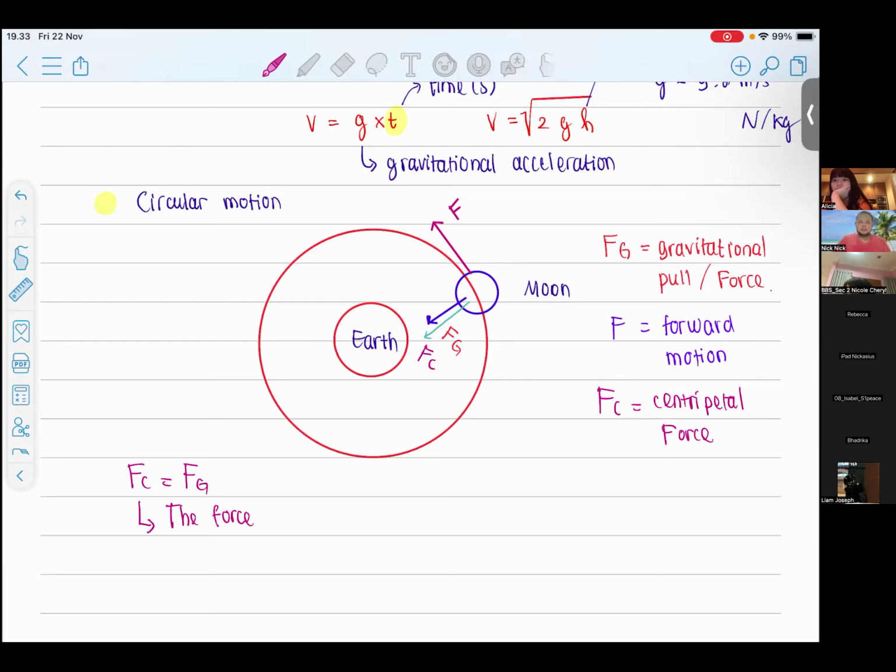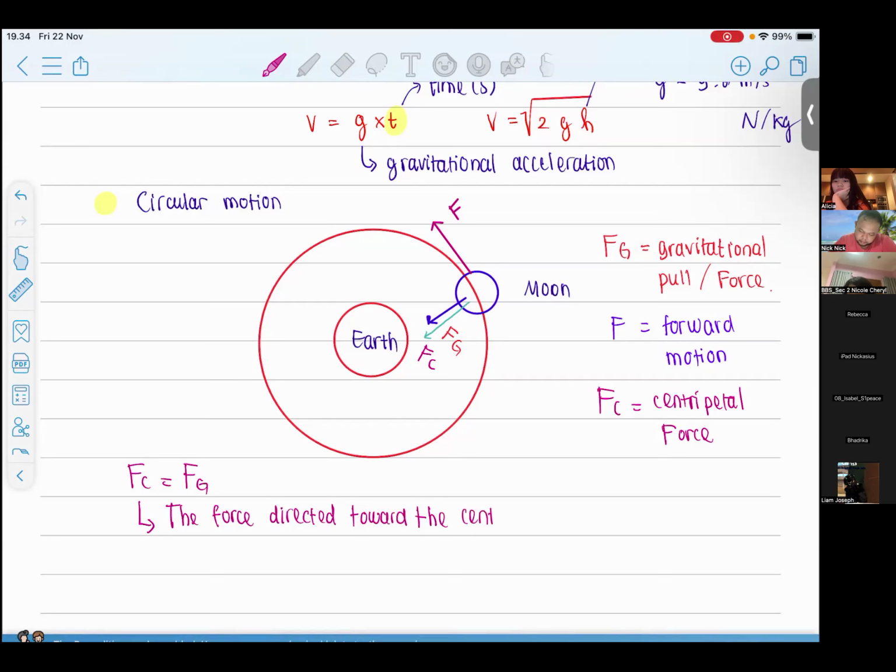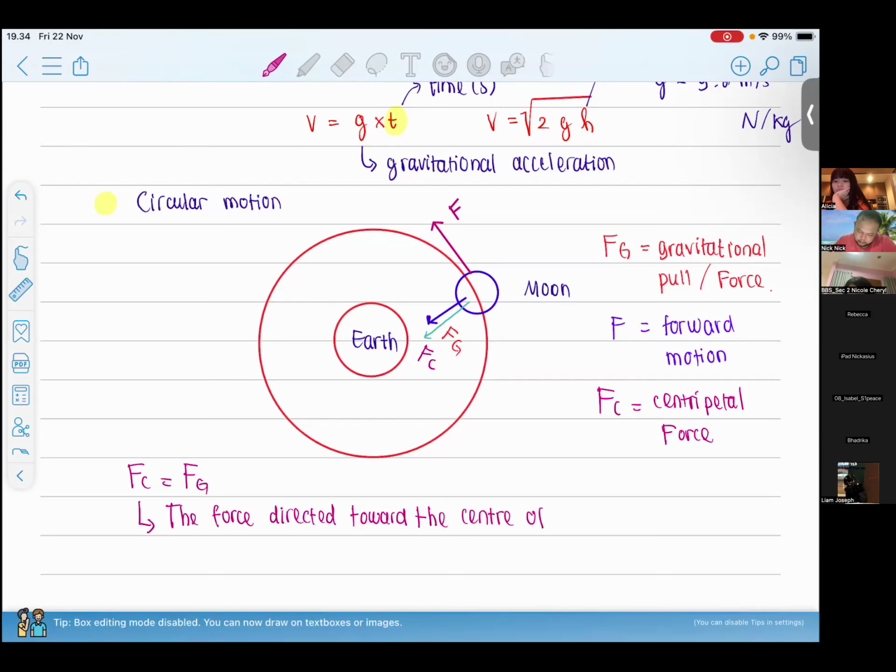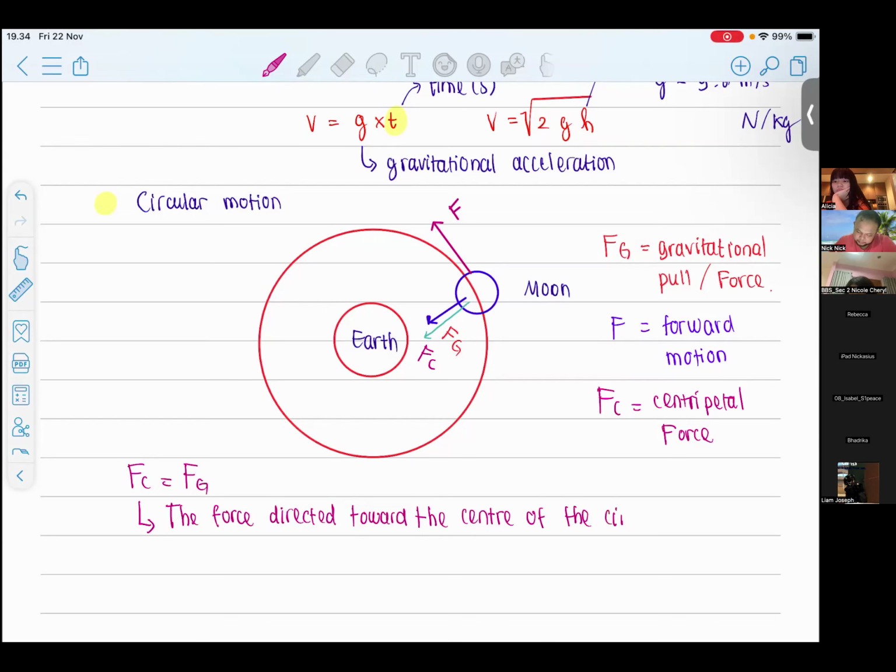Centripetal force is the force directed toward the center of the circle. The center of the circle.